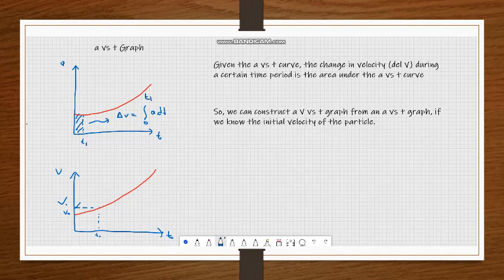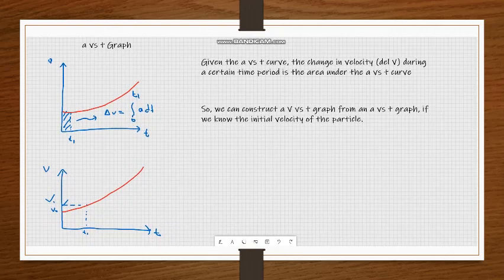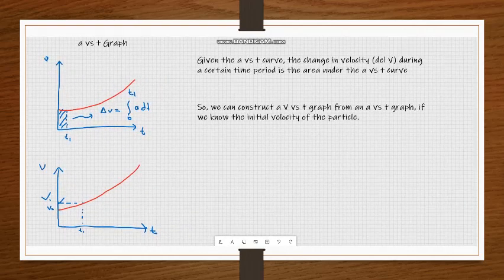We will find v0 plus delta v, this integral, and we can construct the velocity and time graph. So the time graph is done here.